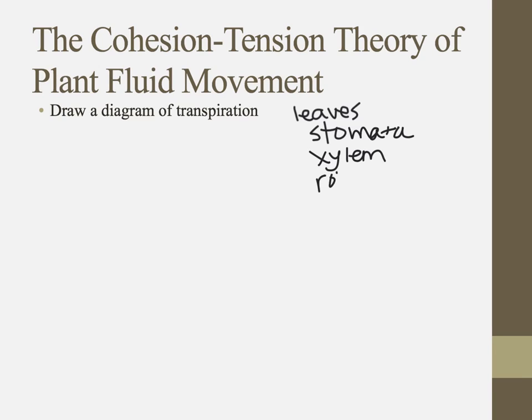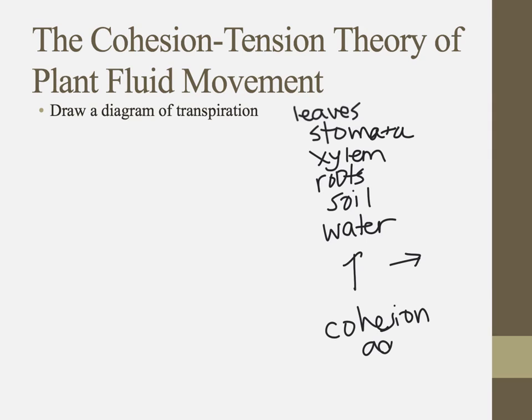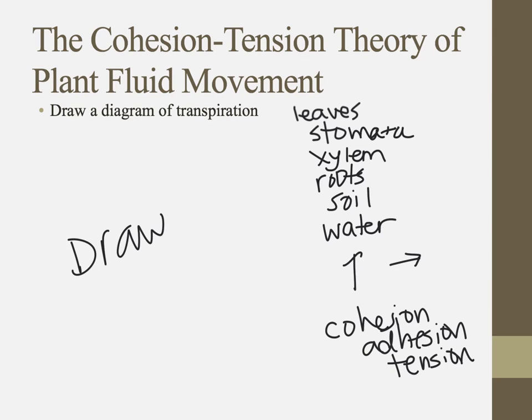We should have roots, we should have soil, we should have water, don't want to forget that, and also there should be all kinds of arrows happening. Maybe you even label forces like cohesion, adhesion, or if you want to impress someone like, I don't know, your teacher, maybe tension. So make sure you draw your own diagram.